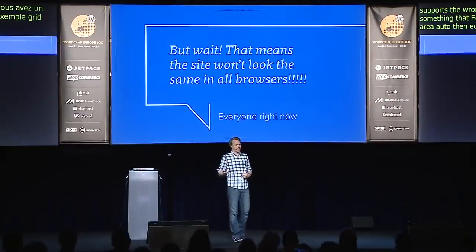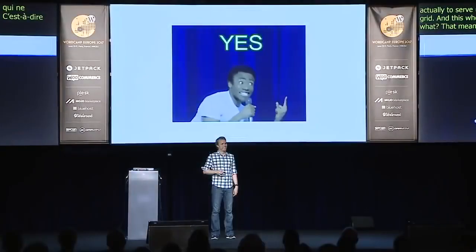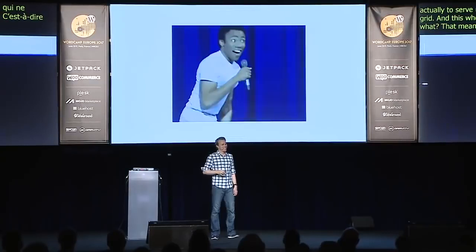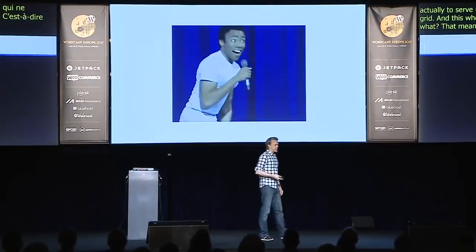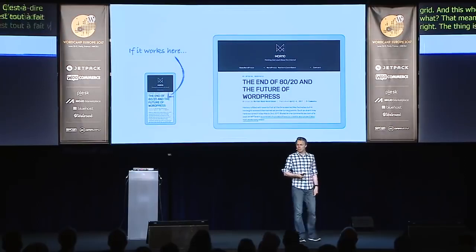My recommendation here is actually to serve up the mobile experience on all browsers that don't support grid. And this is where people fall off the horse, right? This is like, wait, what? So that means the site won't look the same in all browsers? That's exactly right. The thing is, we've been doing responsive web design for 10 years now?